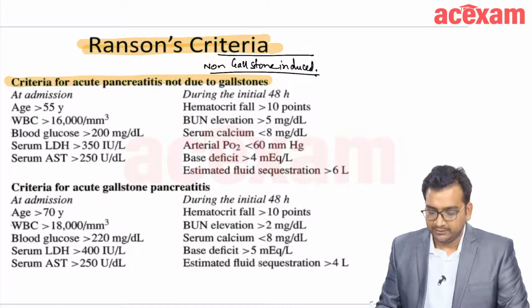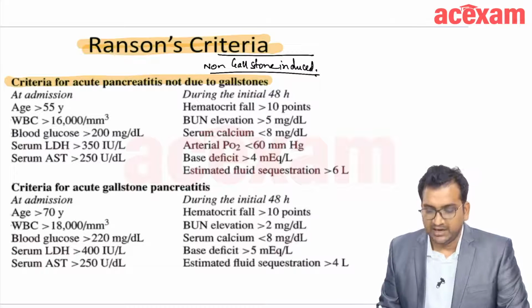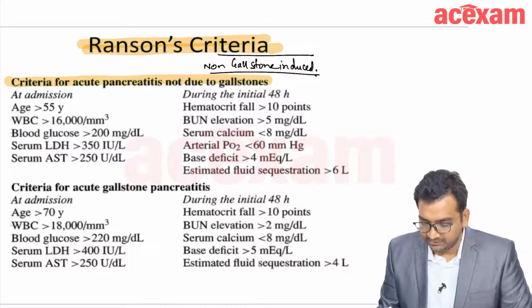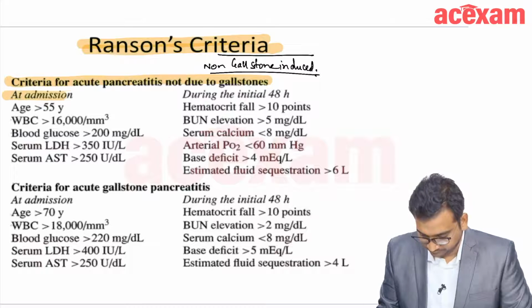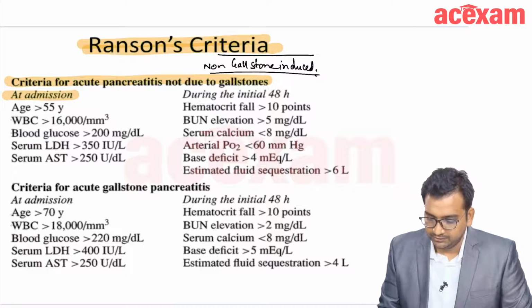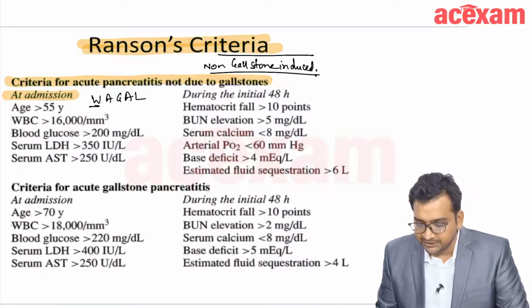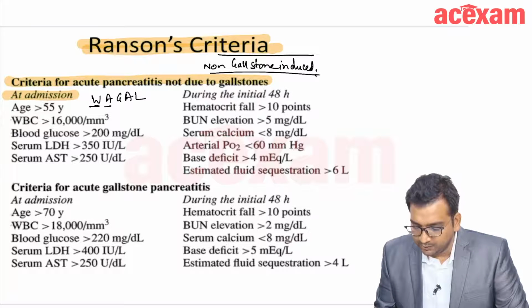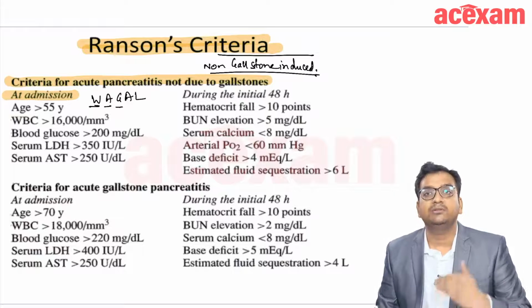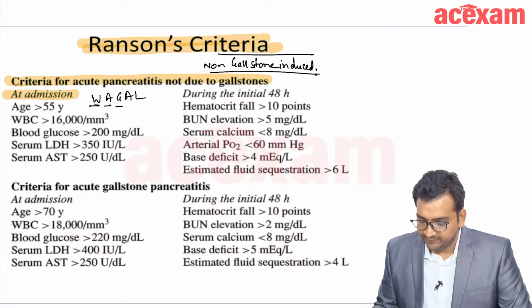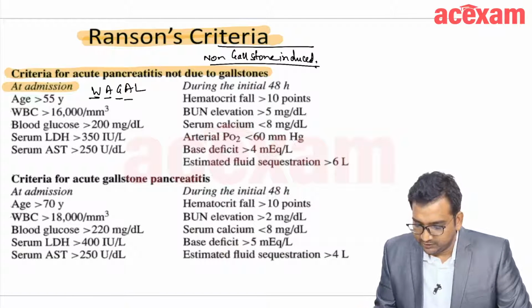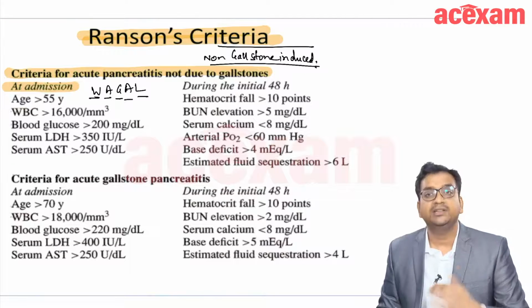So the way I used to remember the at-admission criteria is WAGAL. WBC count more than 16,000, age more than 55, blood glucose level more than 200, AST more than 250, and LDH more than 350.